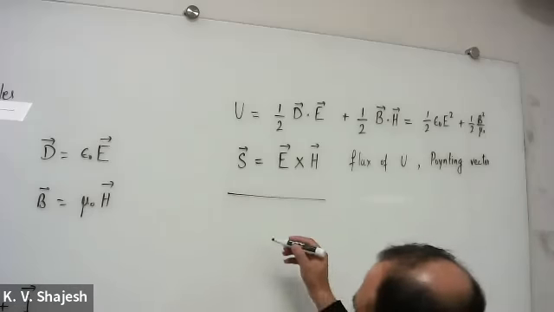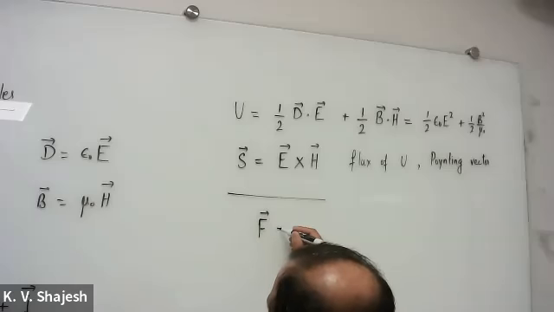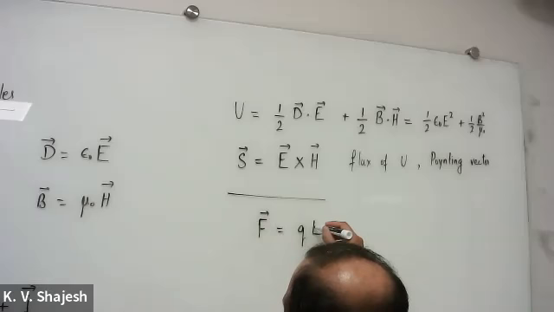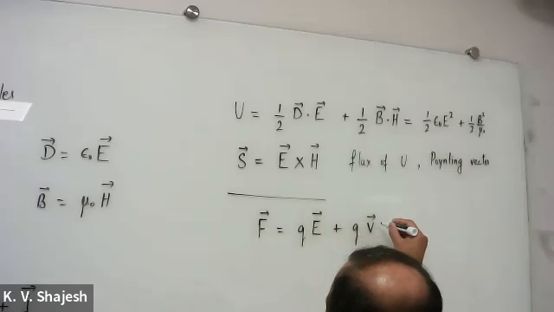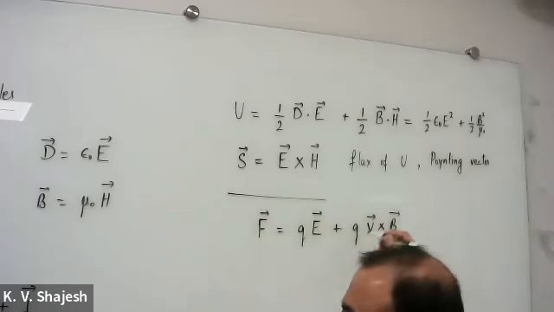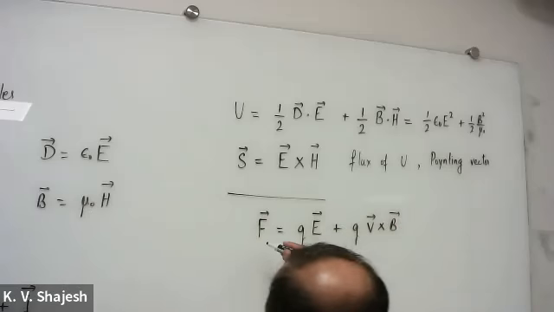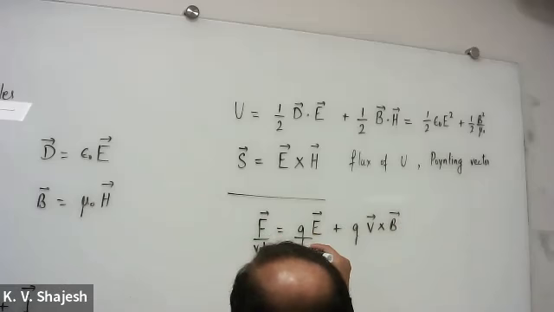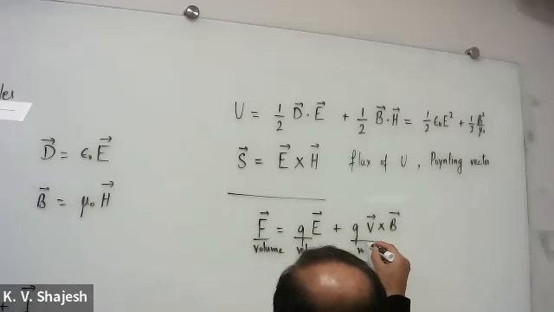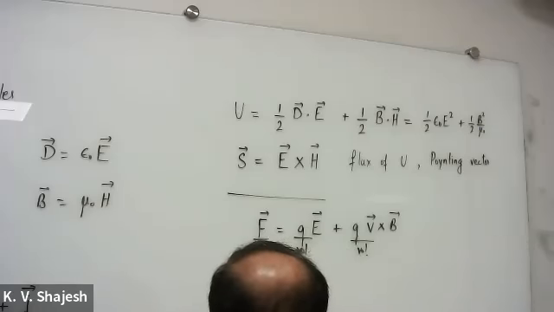Let's start with the force on a charge, the Lorentz force: F is equal to Q times the electric field plus Q times V crossed with B. That's the force on a charge, but we would like to think in terms of charge density. So immediately divide by volume. Charge per unit volume is charge density. We will say this is force density now.